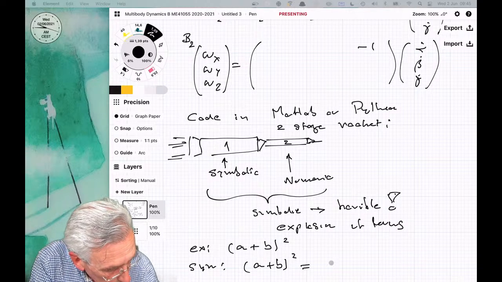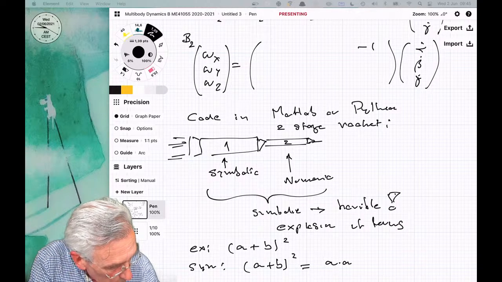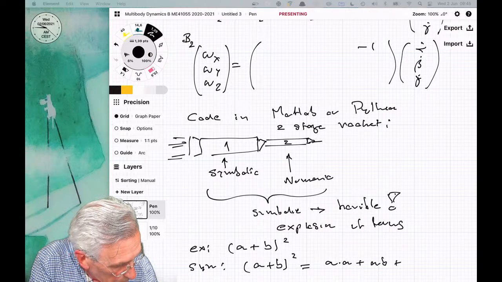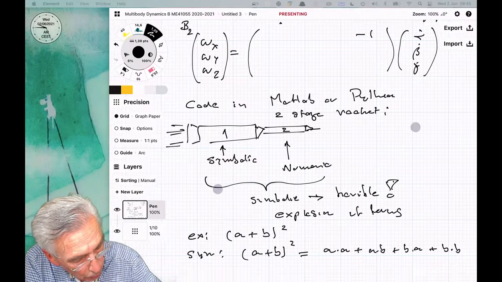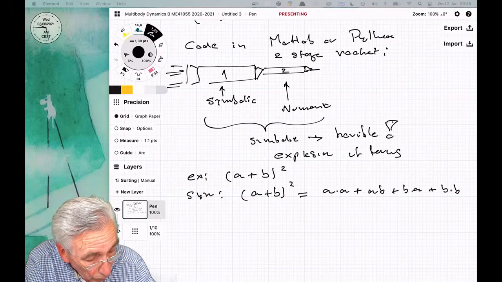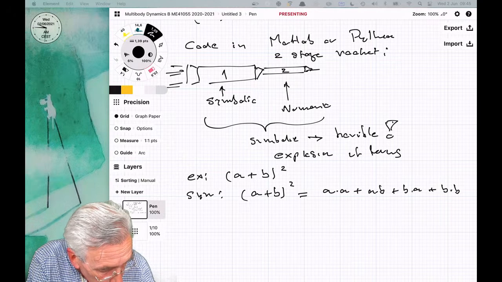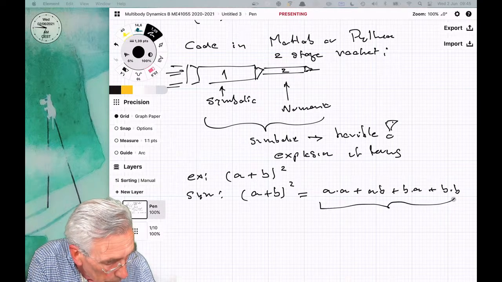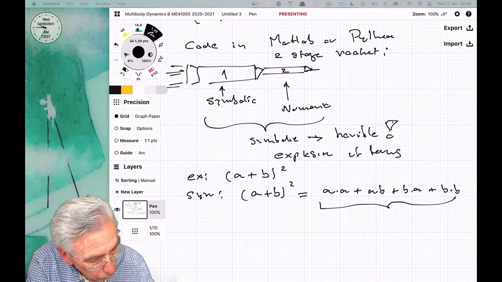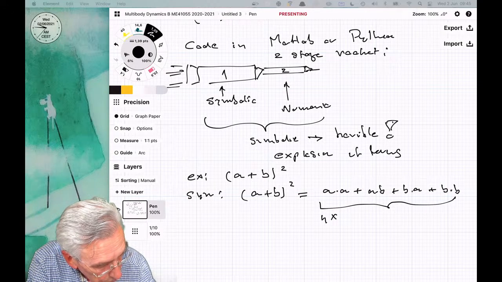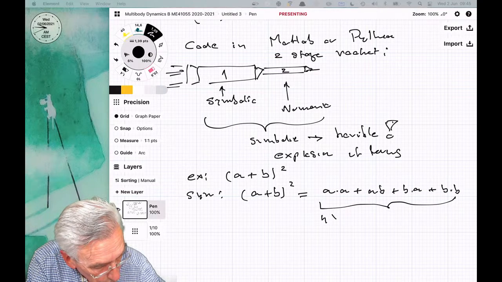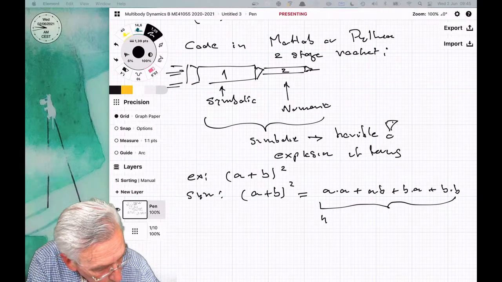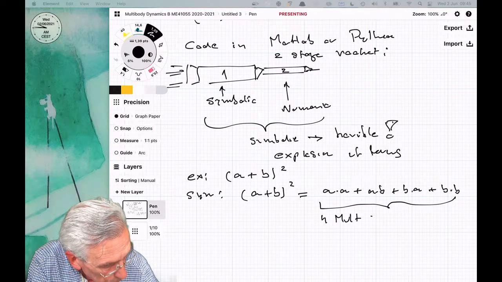What do you get? You get A times A plus A times B plus B times A plus B times B, right? So the final expression will be this. And how many operations are there? There are like 4 multiplications plus 4 additions, right?